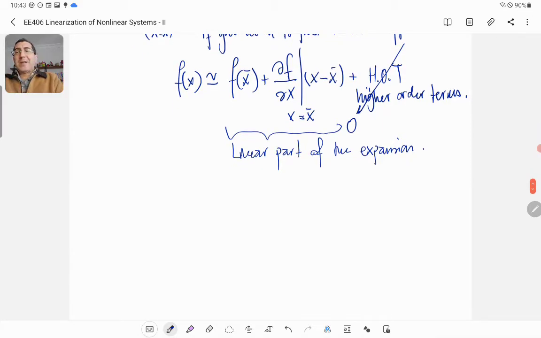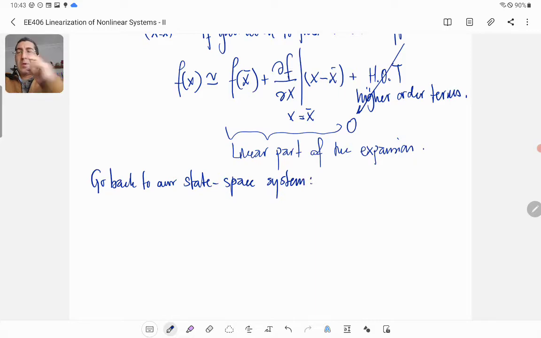So now let's go back to our state space system. Now we have two issues, right? We have multiple variables, and we have more than one function. For example, if n is equal to 2, the state vector x is composed of two state variables.